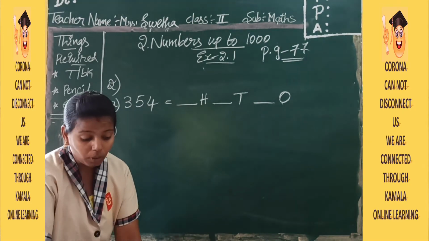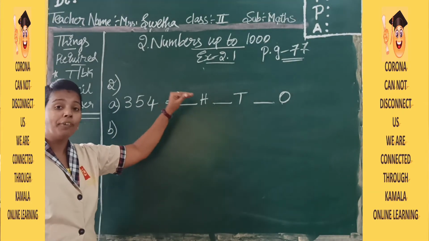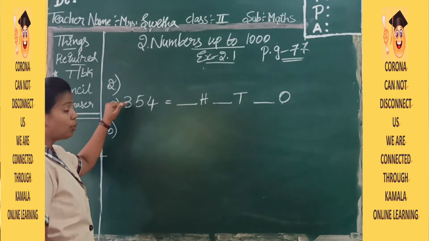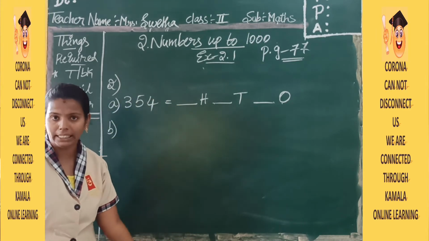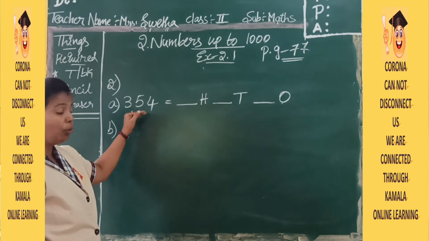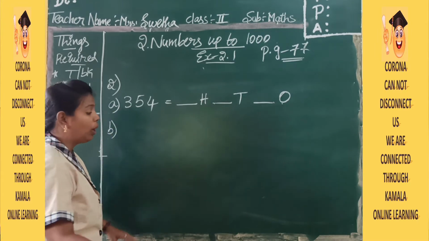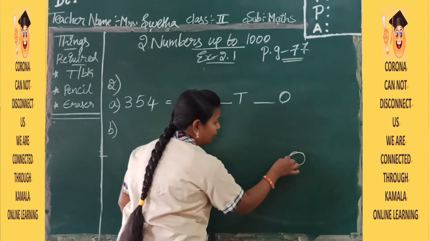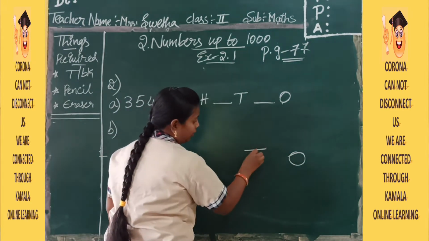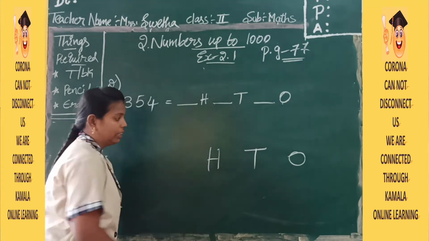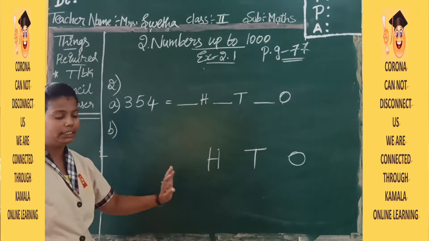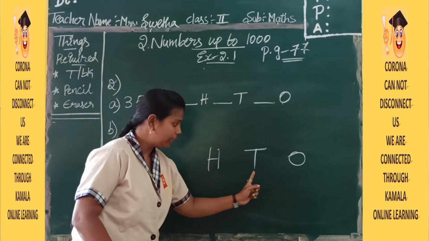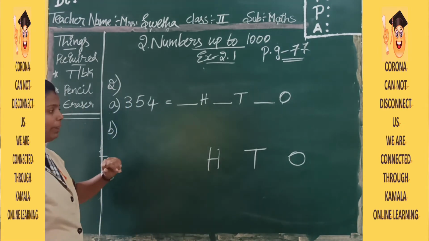So how to write? Before you write the answers, first you should know the places of these numbers. Then you can write the numbers very easily. If you know the places of the numbers, you will start with ones, tens and hundreds. So here you have only 3 digits, so I am explaining till only 3 digits. Ones, tens, hundreds are the 3 places.